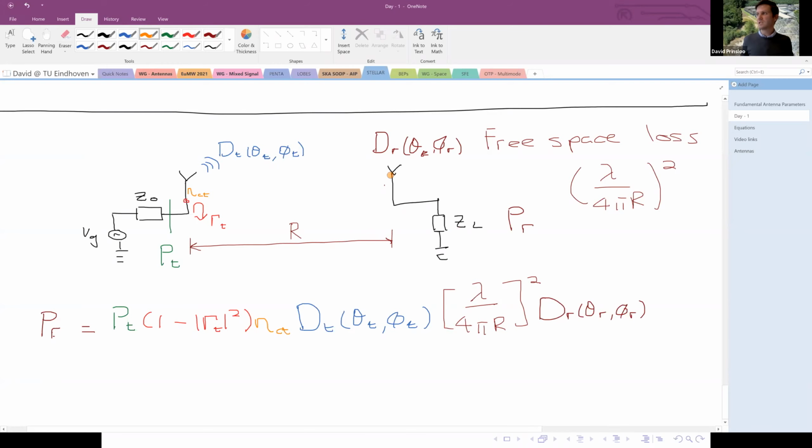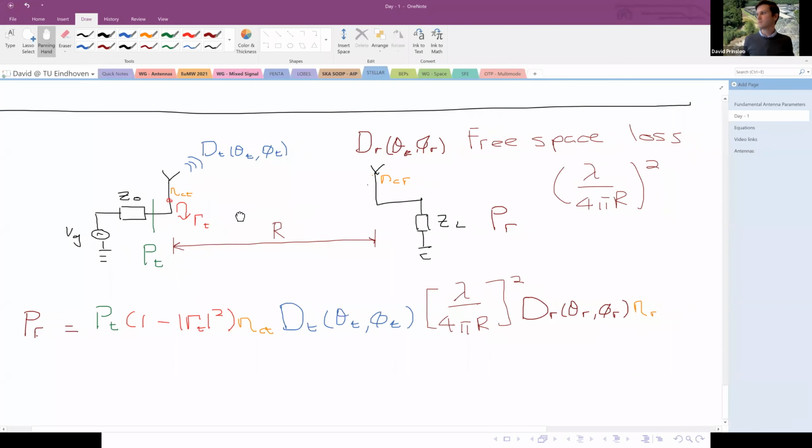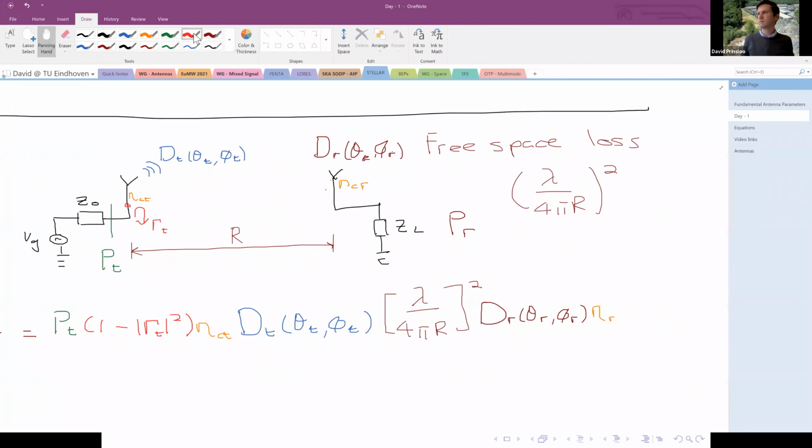Now the signal is in the antenna, but we've got conduction losses of the receive antenna. And then lastly, we again have a mismatch on this side due to the receive antenna, so we account for the mismatch efficiency.